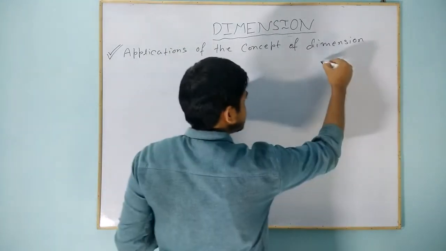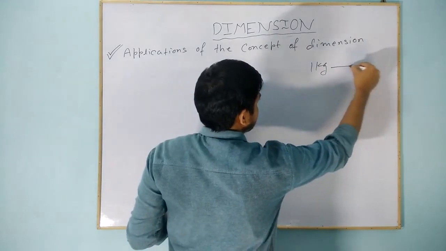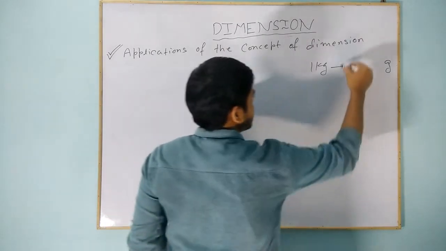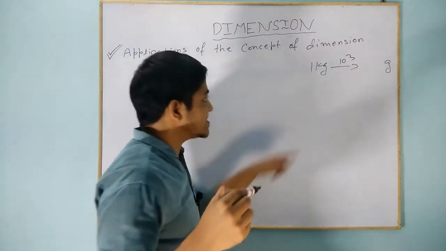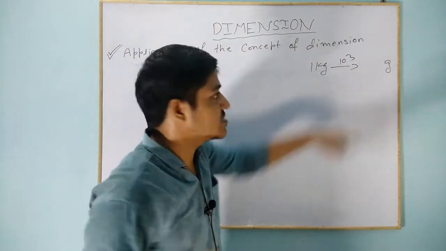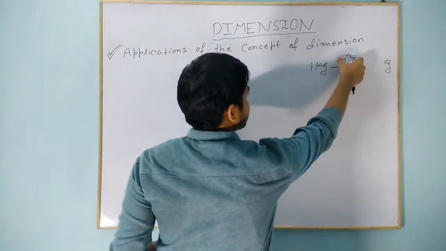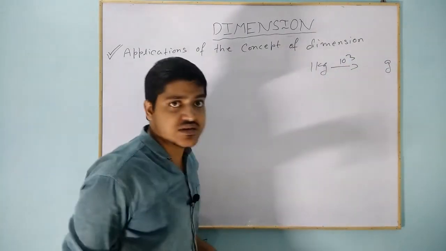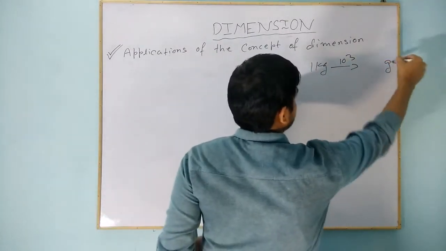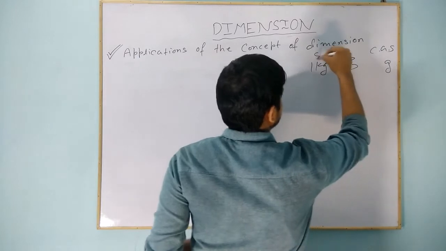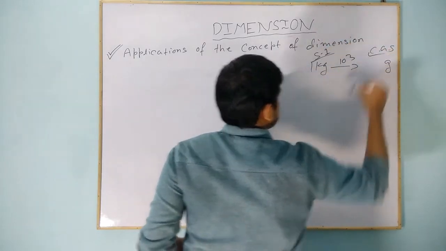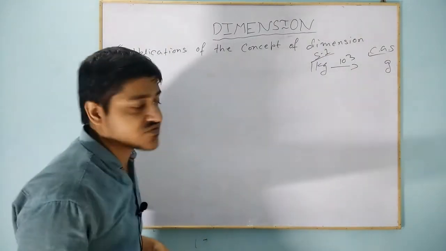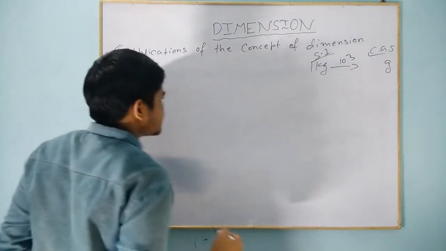For example, if I wish to convert 1 kilogram to gram, I know that I have to multiply it with 10 raised to the power 3. So the conversion factor in this case is 10 raised to the power 3, because this is the number I have to multiply with 1 kilogram to get the value in grams. And gram is the unit of mass in CGS. So here we are shifting from SI to CGS system of unit.